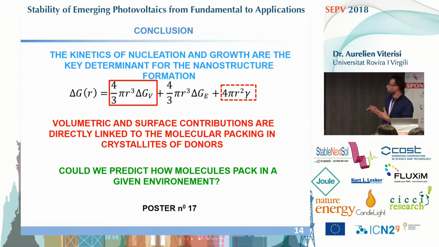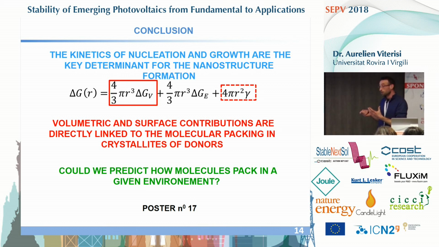So I'm coming to the conclusion. It seems that the kinetics of nucleation and growth are the key determinant in forming the nanostructure and the crystallites in general. These two terms are directly related to the molecular structure of the donors, so any subtle difference in the molecular structure will have a big influence on them.